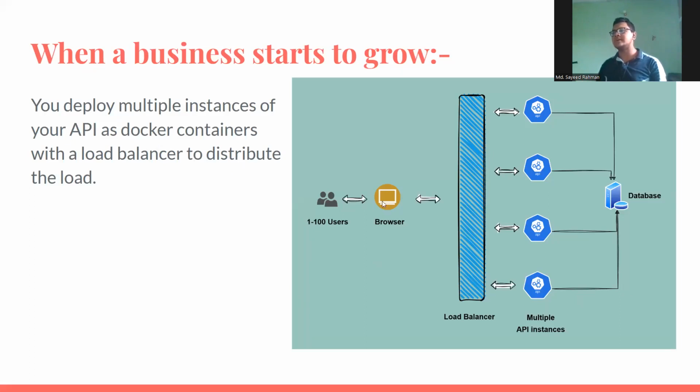Whenever a user hits the browser, let's say Google Chrome or any other web browser, the user doesn't even know how many web servers there are. The load balancer decides which of the servers are busy and which are less busy. It is the duty of the load balancer to distribute the workload to the less busy server. So this is how horizontal scaling helps us deploy multiple API instances and serve the workload with the help of a load balancer.